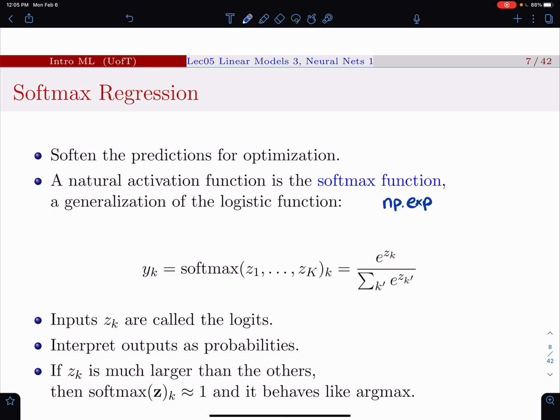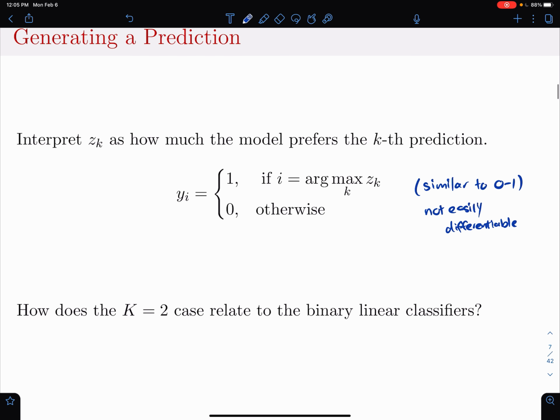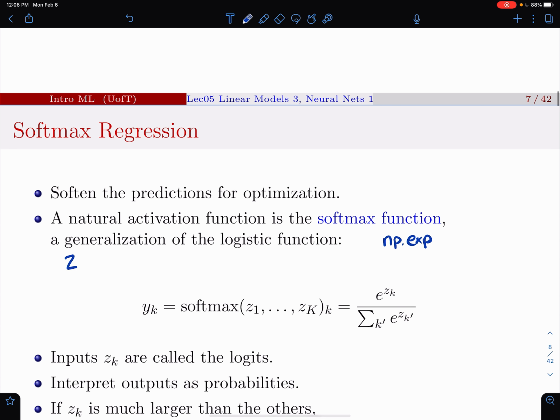If we have our potential z values, let's say -2, 0, 3, and so on, we take the exponent of each of these values, and then we normalize. This is a softer version of the maximum function, because if you have a really big value, it's going to dominate all the other values, and it's saying we're really confident in that particular class.